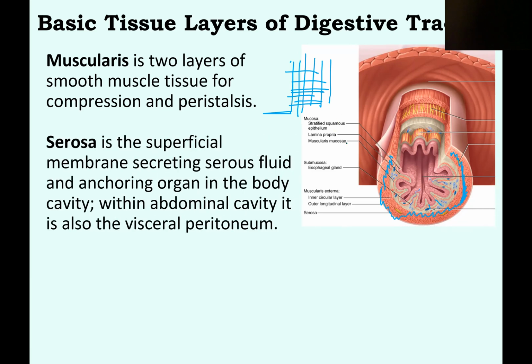Superficially, you have the serosa. The serosa is peeled here. It's this outer superficial layer. It's a serous membrane, and it helps with anchoring the organs in the body cavity.